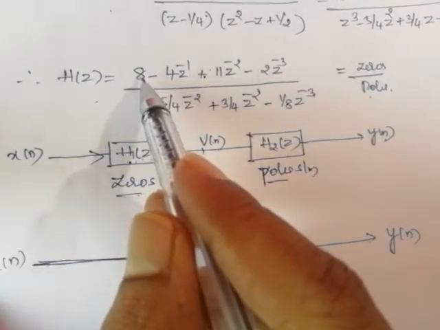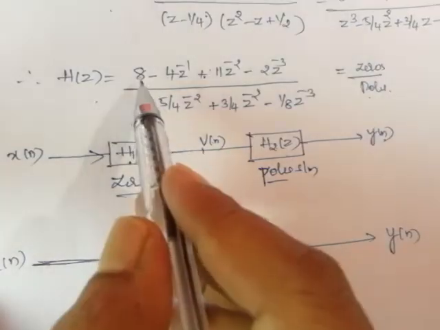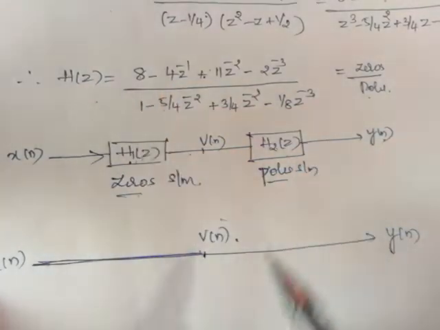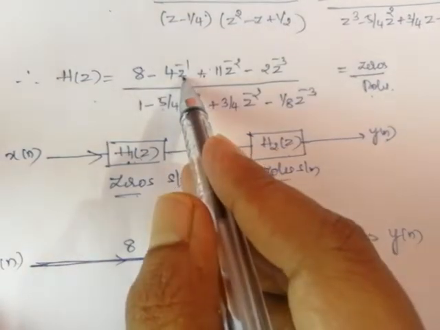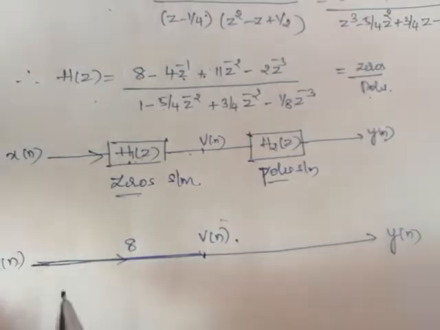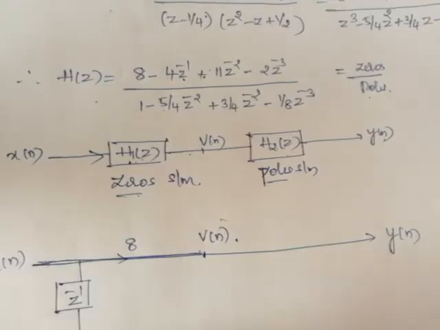Then we have to take the inverse z transform. So first comes 8 into x of n. Next, x of n is passed through one time delay, and here we get x of n minus 1.